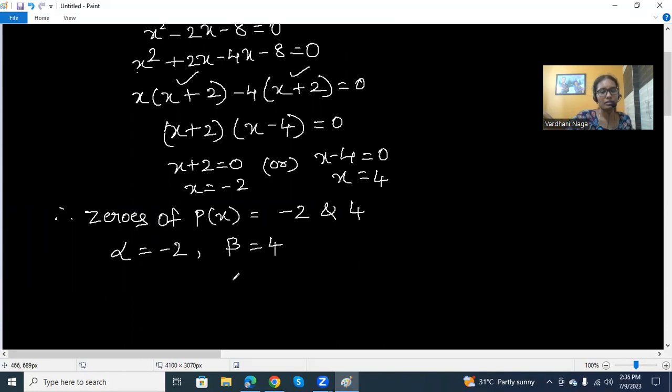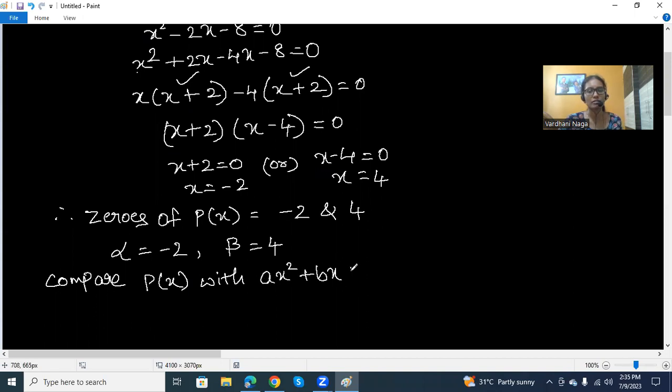To verify zeros and the coefficients, we need to compare our polynomial with the standard form. So let's compare p of x with the standard form, ax square plus bx plus c, where a should not be equal to 0.